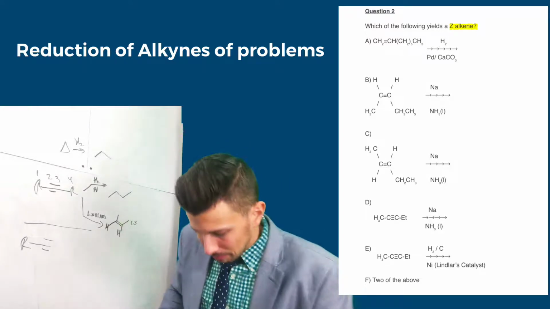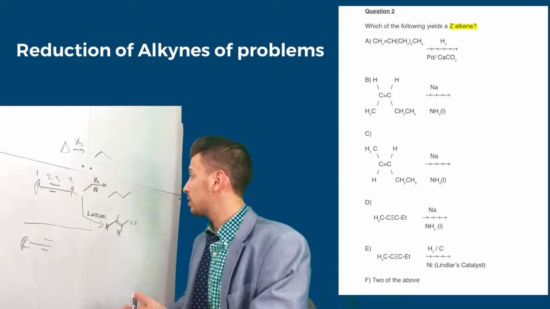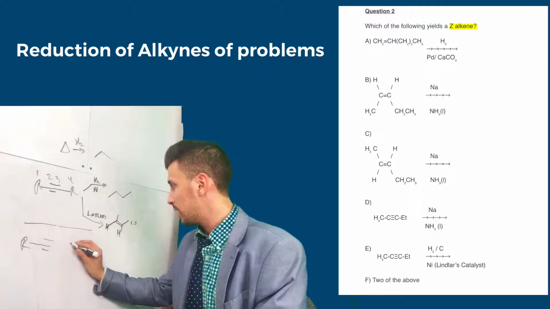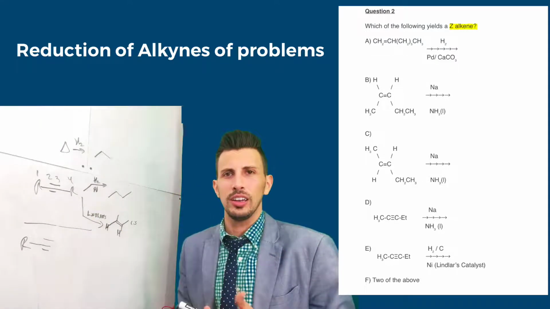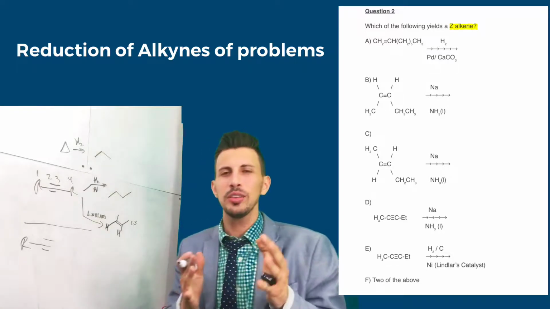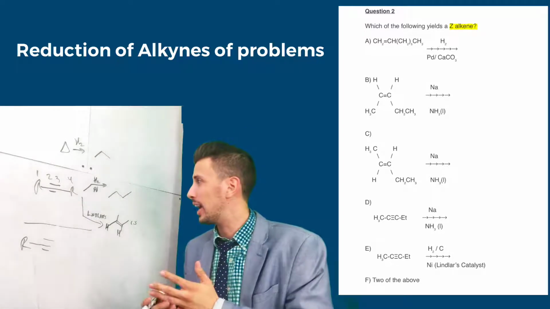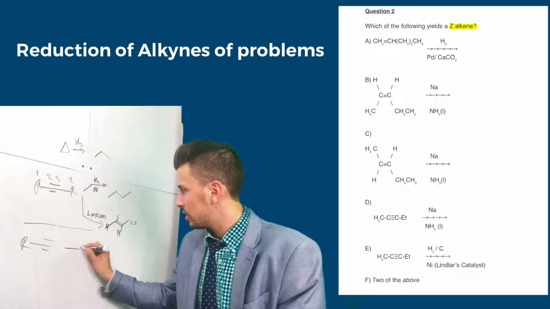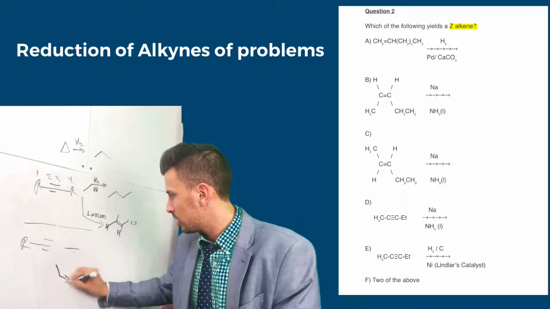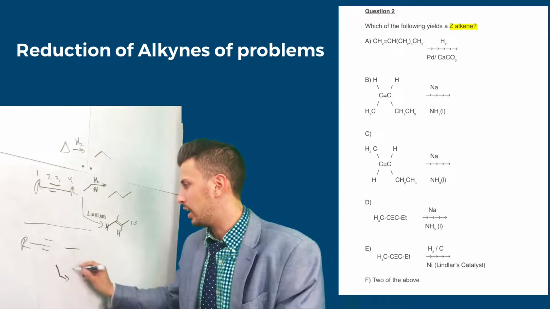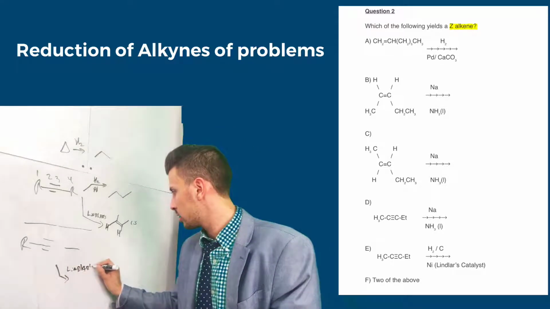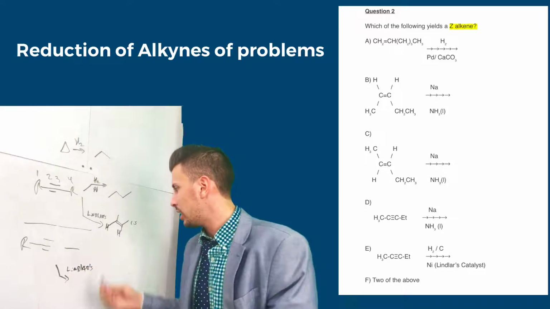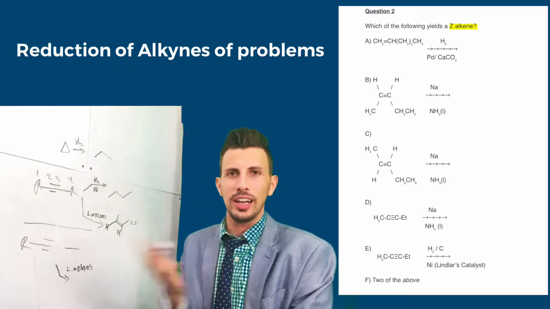And the other thing to note is you should not just remember that Lindlar's catalyst gives you a cis alkene, because that's not true. That's kind of true, but that's not the entire truth. If you have a terminal alkyne with Lindlar's catalyst, then what type of alkene do you get? You don't get cis, you just get an alkene.